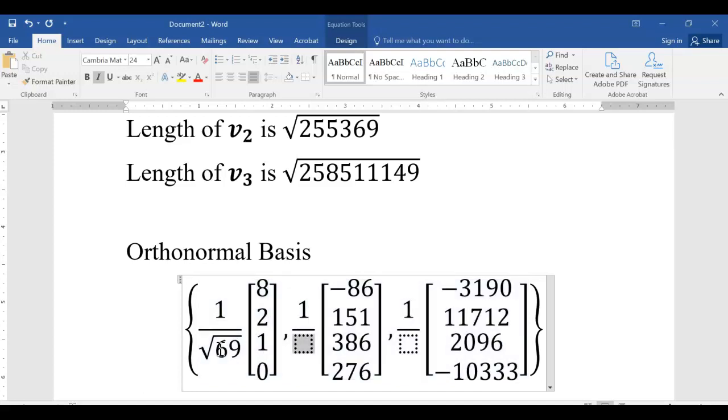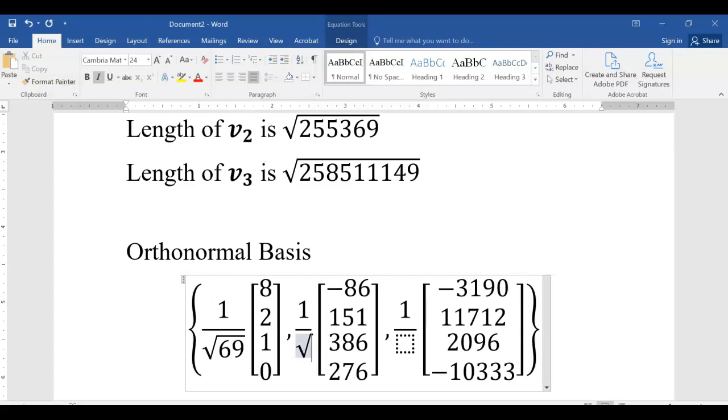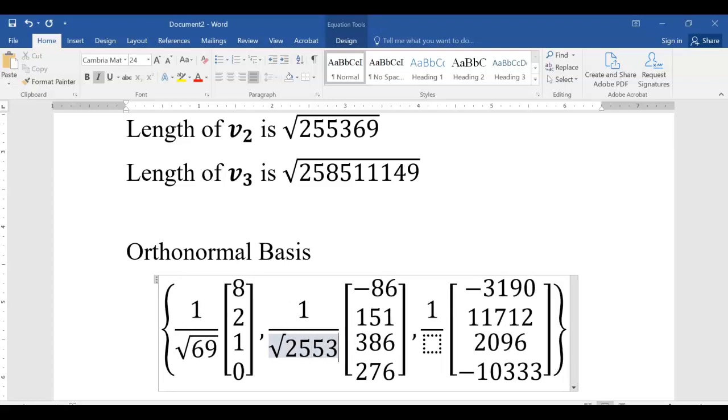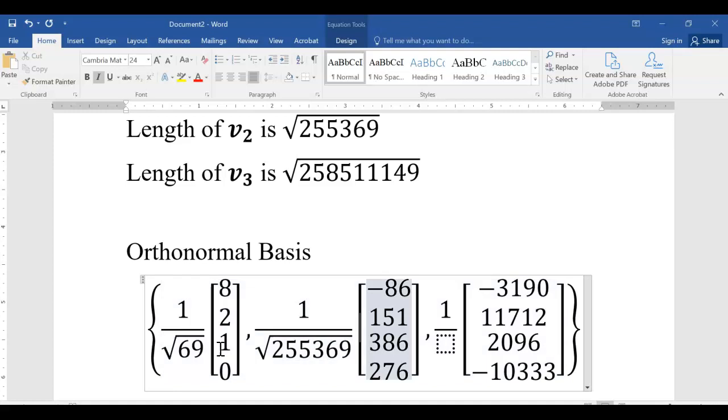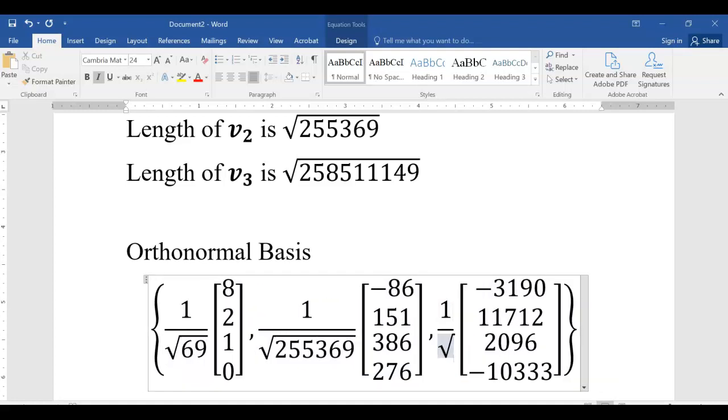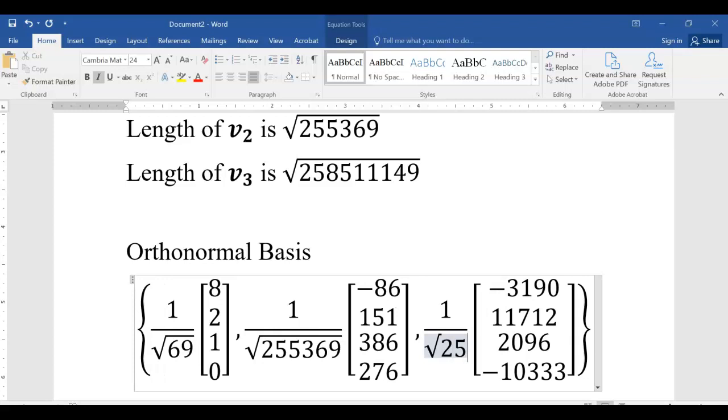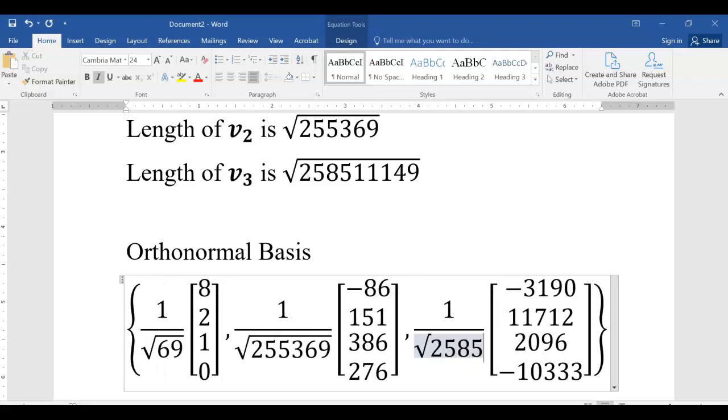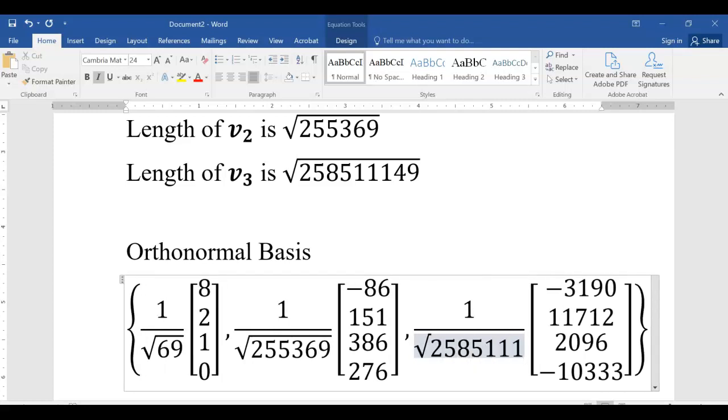Vector 2, I'm going to multiply 1 over the square root of 255,369. Again, that's times vector 2, and then 1 over the square root of 258,511,149.